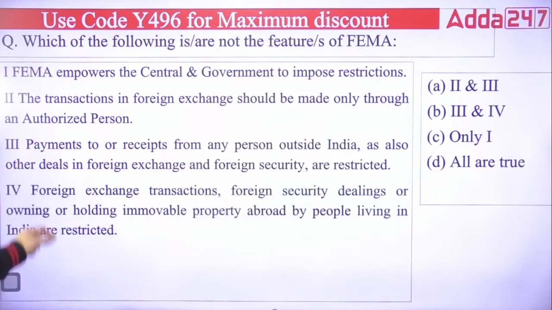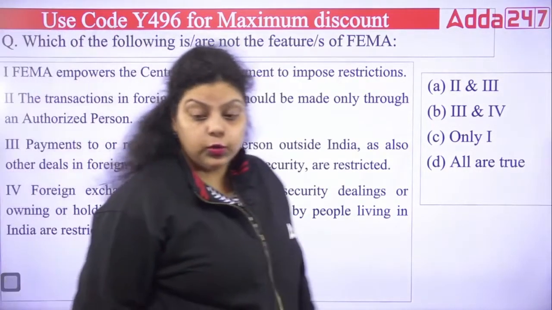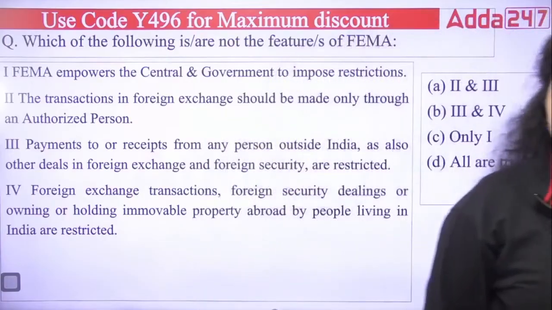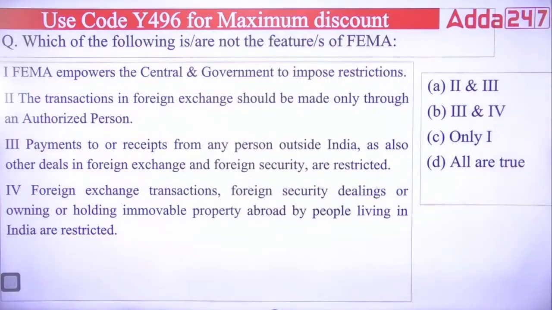Foreign exchange transaction, foreign security dealing, or owning or holding immovable property abroad by people living in India, they are restricted. So, these are the 4 statements given to you. Out of this, you have to answer which of the following is not a feature of FEMA.